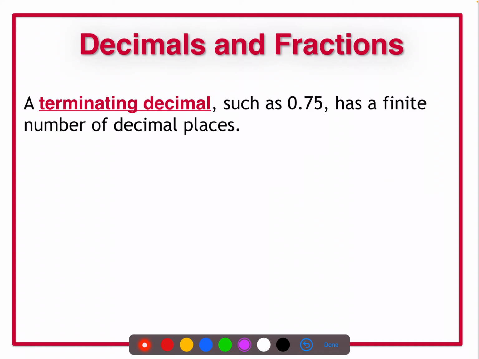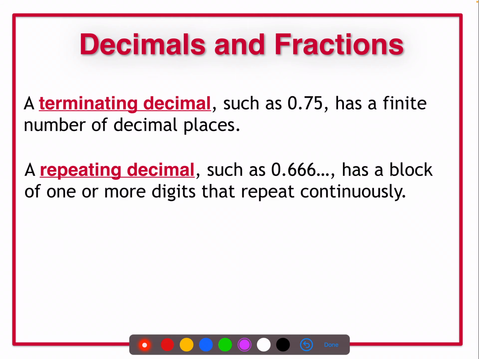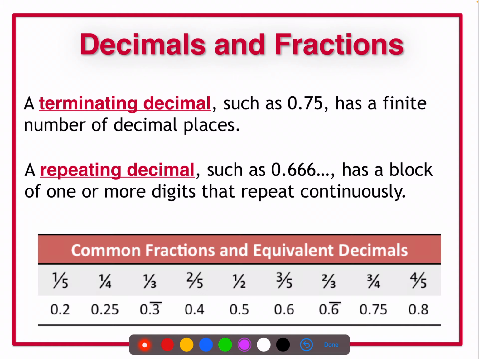Now, a terminating decimal such as 0.75 has a finite number of decimal places, and a repeating decimal such as 0.66 has a block of 1 or more digits that repeat continuously. So here we have a table with the most common fractions and their equivalent decimals.